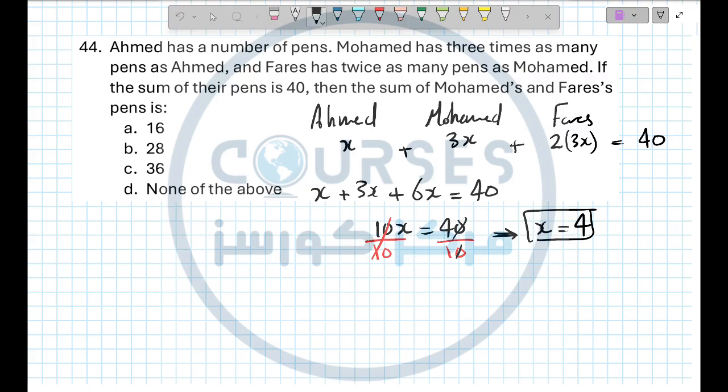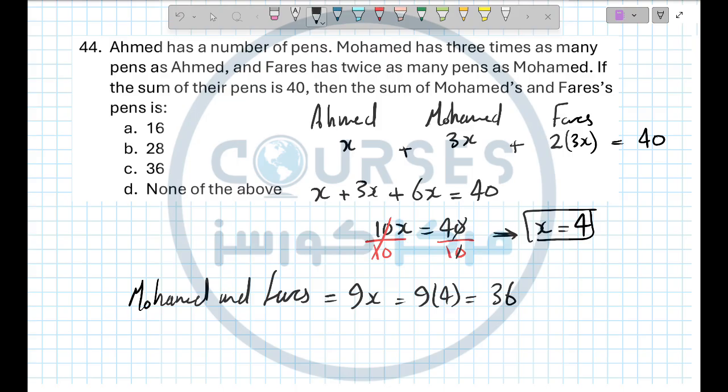He wants Muhammad and Faris. Muhammad is 3x and Faris is 6x, so together they are 9x, which is 9 times 4, which is 36.